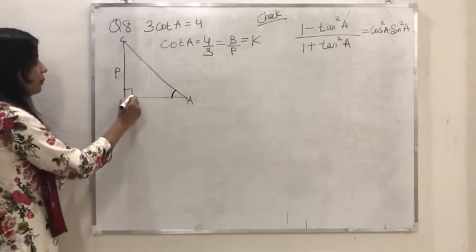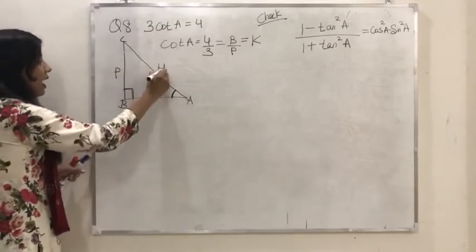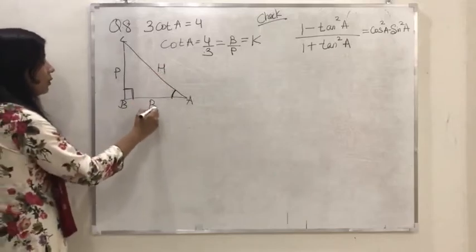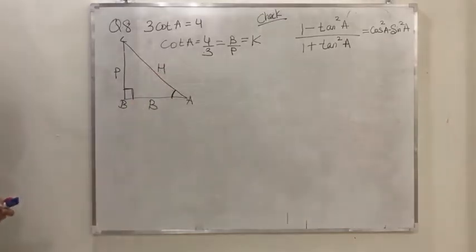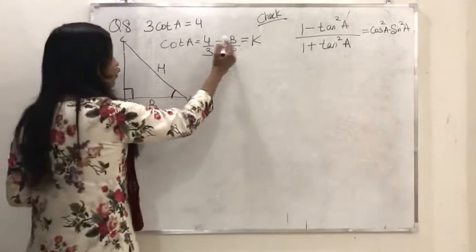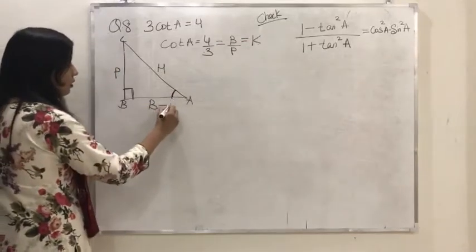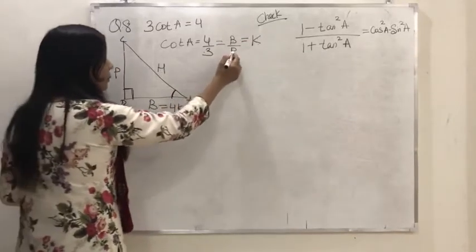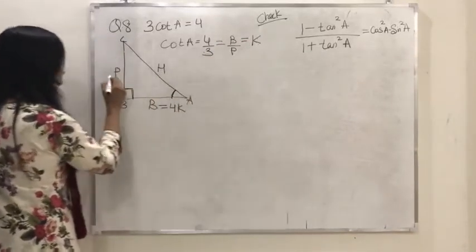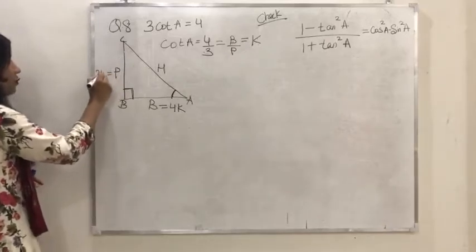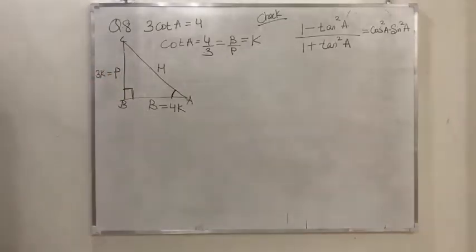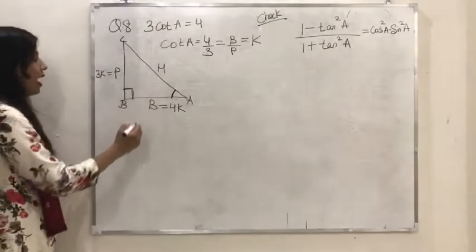The side opposite to the right angle will be my hypotenuse and this will be my base. So what is given to me? Base is 4k and perpendicular is 3k. With the help of the Pythagoras theorem, I will find my hypotenuse.